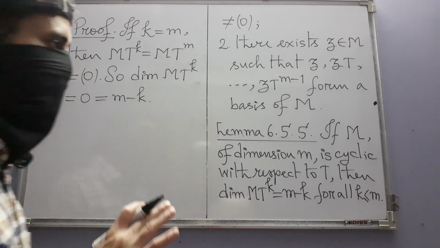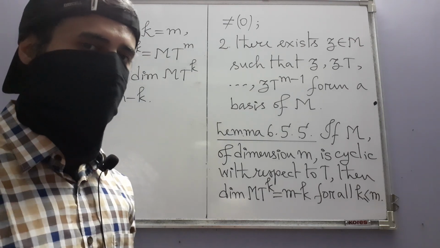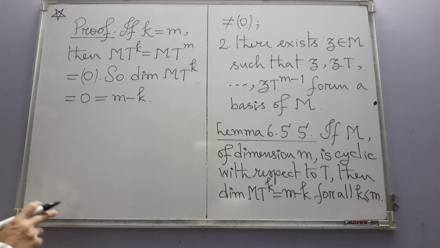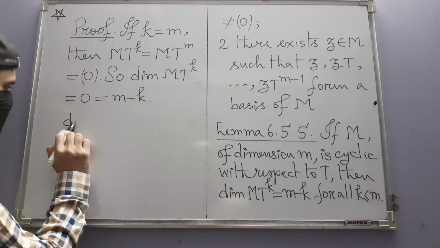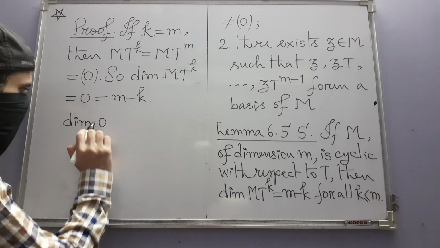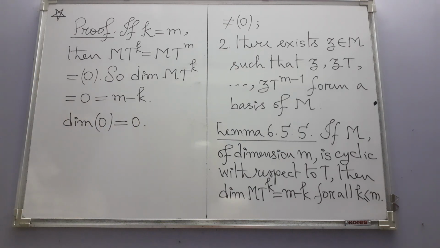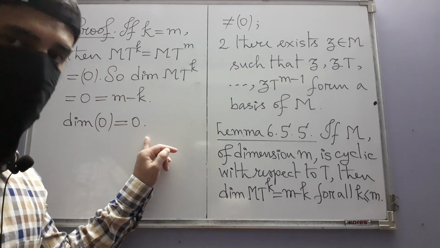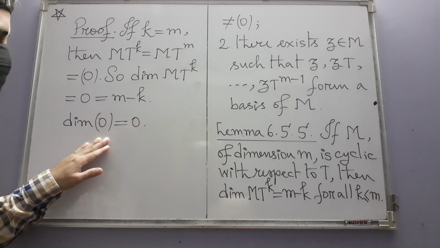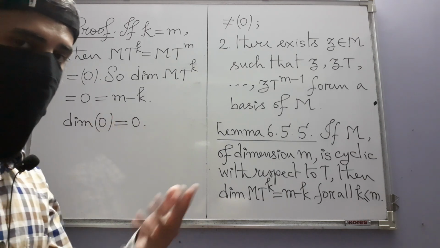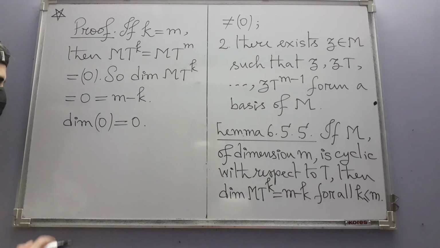There are some little things about which we sometimes get confused. Do you remember why the dimension of the zero space is 0? Sometimes this is taken as a convention, but actually it can be simply thought of just like how we think of dimensions of vector spaces.